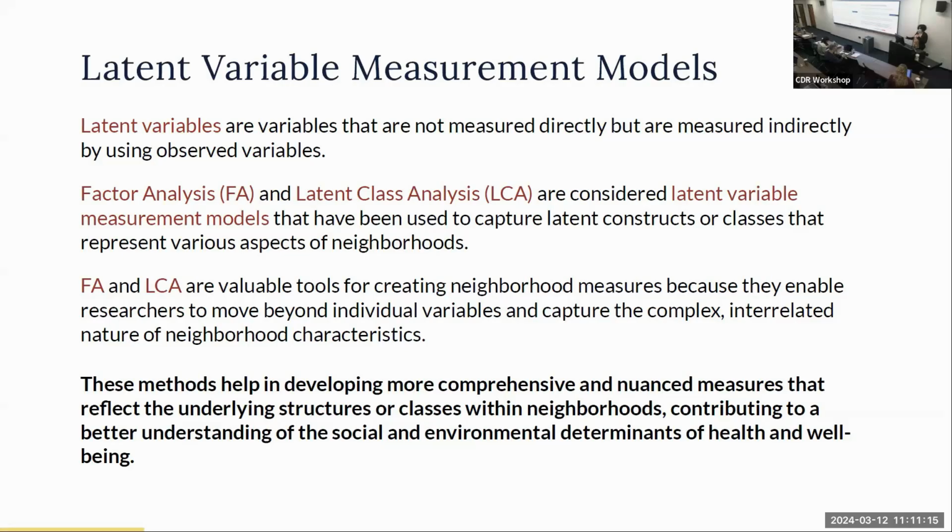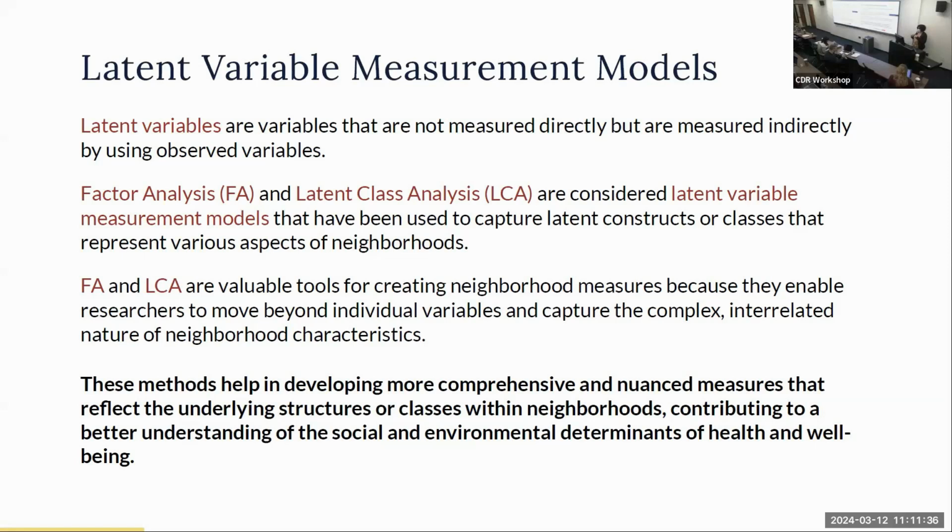So, FA and LCA are both valuable tools. I don't want y'all to sit here and think that LCA is better than FA, right? Or FA is better than LCA. There's just two different approaches depending on your research question and what your objectives are, and what you could potentially use to assess some of the heterogeneity that is associated with neighborhoods, right?